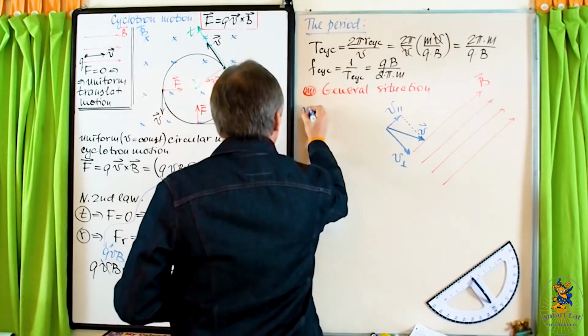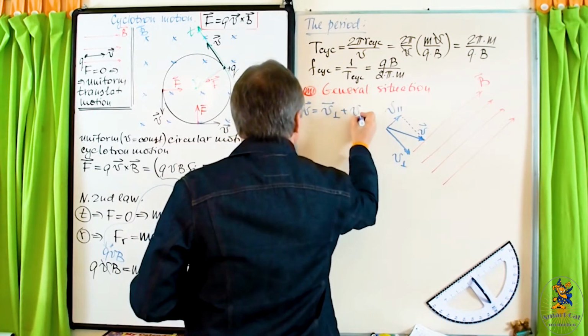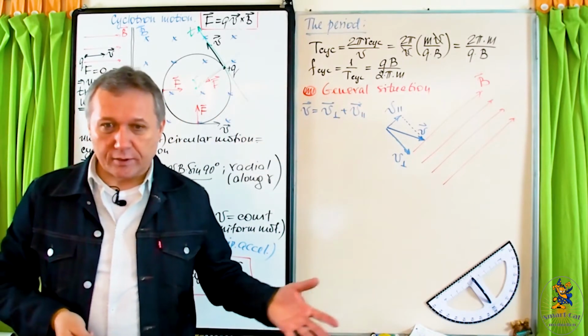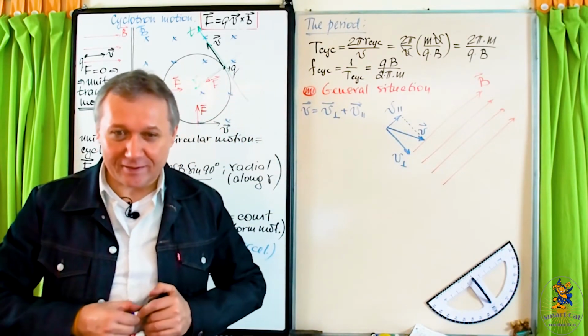So V equals V perpendicular plus V parallel. I can decompose any vector along any direction, and here my chosen direction is the direction of the magnetic field lines.